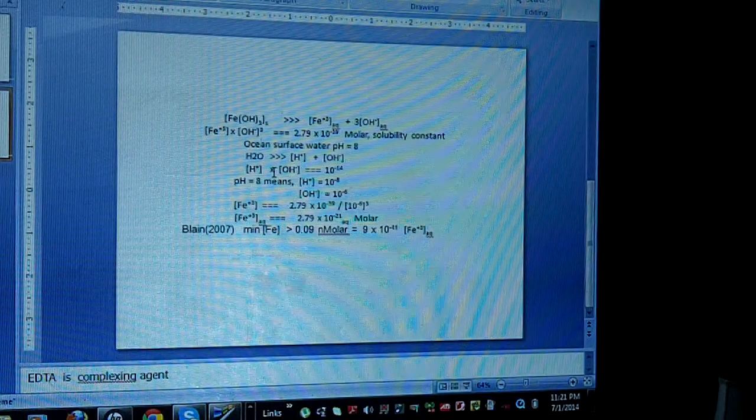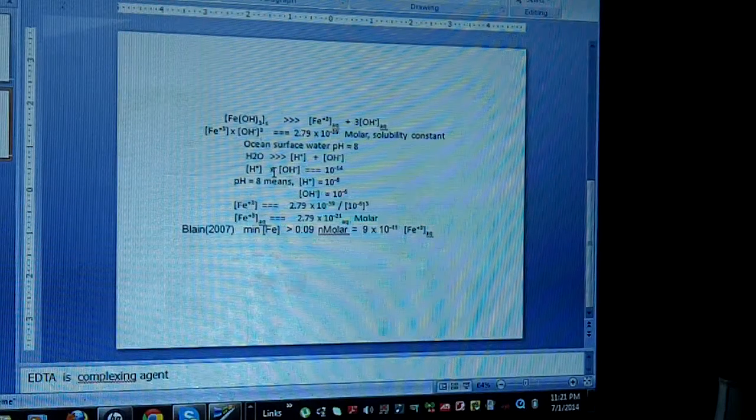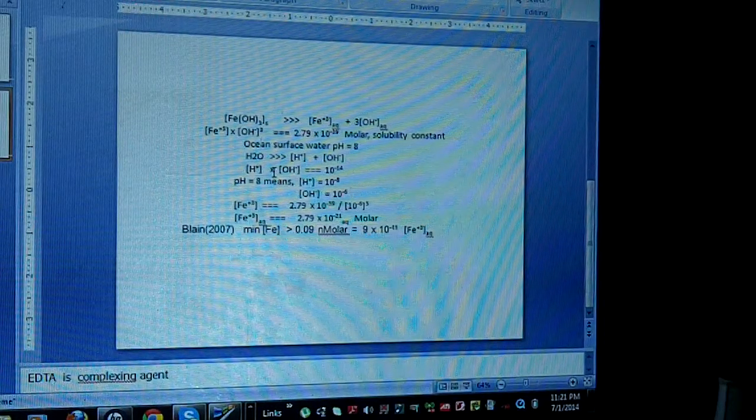So then we solve the second equation, since we know what the hydroxyl concentration is now. We can solve that for what the dissolved ferric ion concentration will be. And there it is on the 3rd line from the bottom.